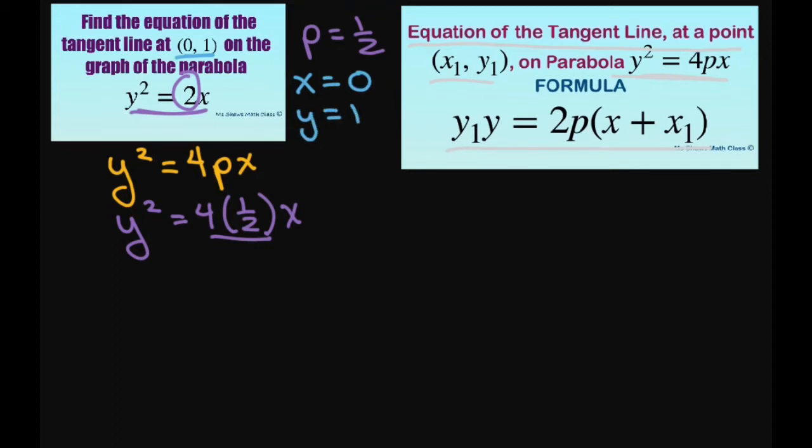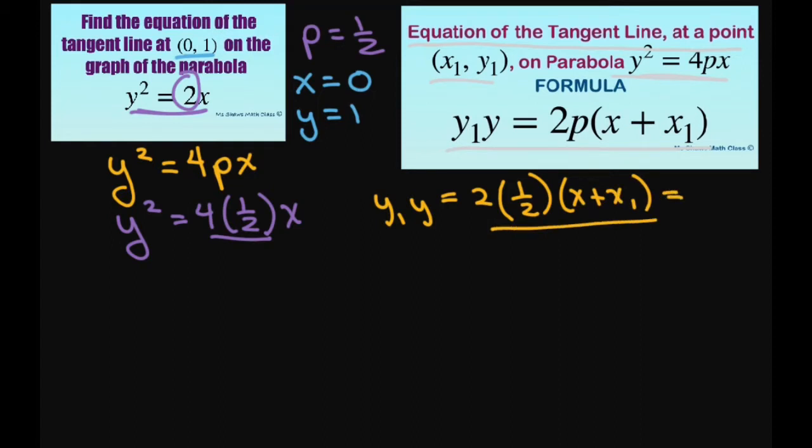All right, so now let's use our formula, and we're going to get y sub 1 times y equals 2 times p. Now let's substitute in our p, 1/2, times x plus x sub 1. This part here is just going to equal x plus x sub 1. This we'll call equation 1.